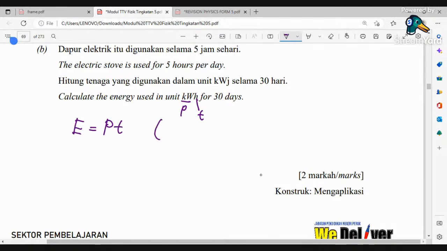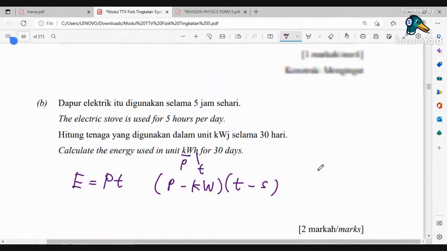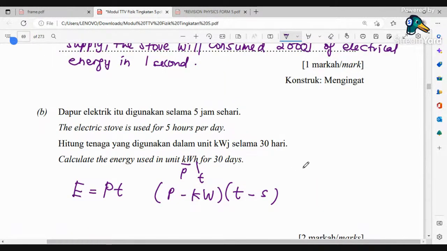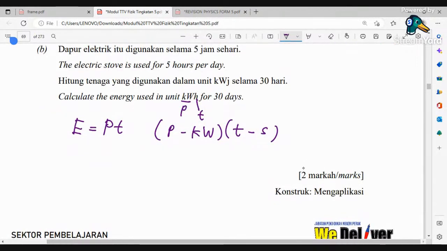But P must be in kilowatt, T must be in hour. You must understand. Okay, so you want to calculate for 30 days. Use 5 hours per day. So 5 hours per day, 30 days, how much? Okay, that is what we want to answer.